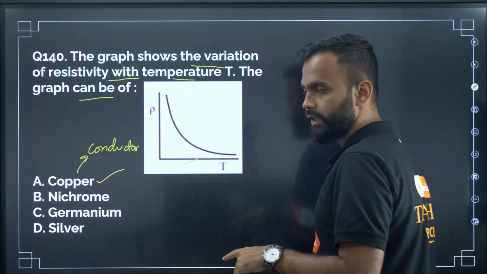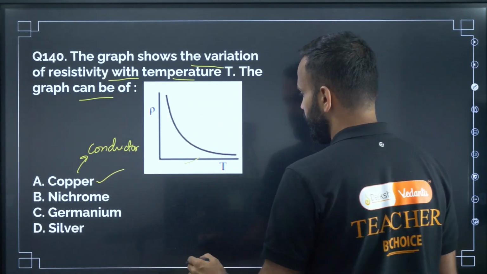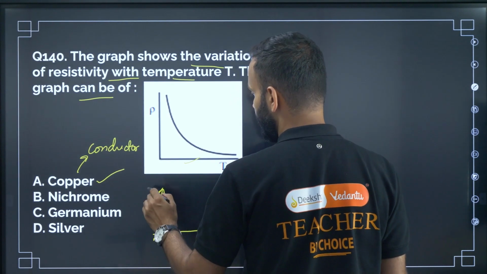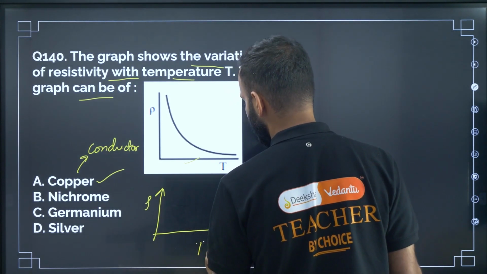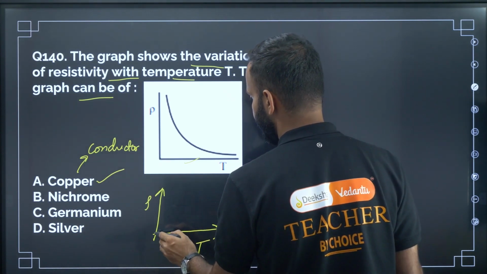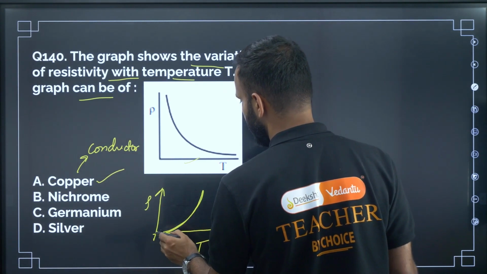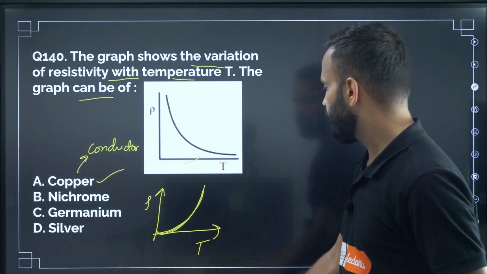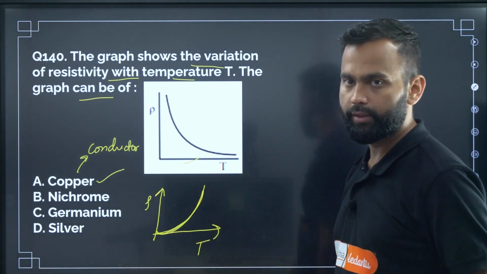So what is the graph of resistivity versus temperature? The resistivity versus temperature graph for a conductor is like this.